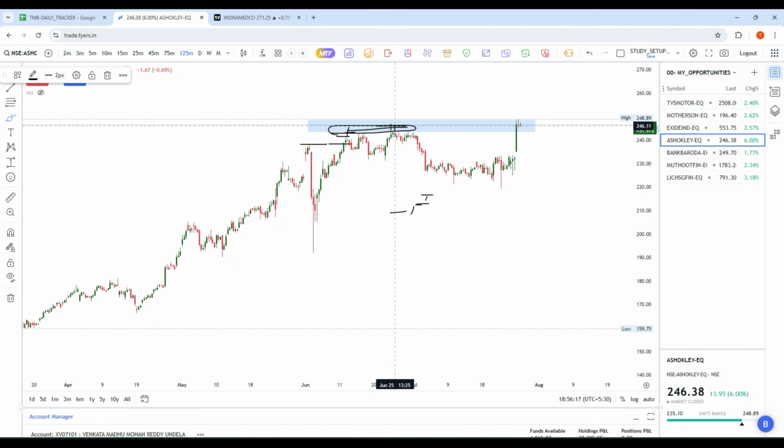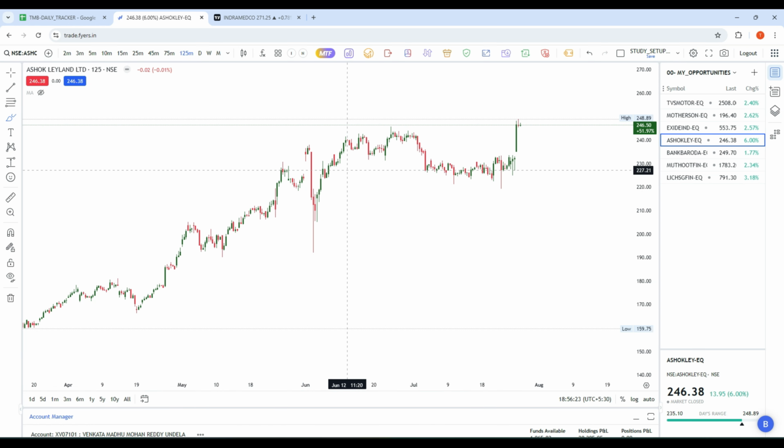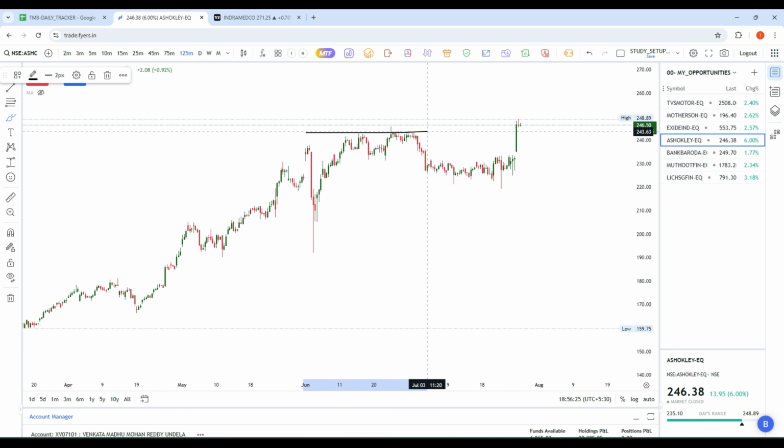This fake breakout happened, then the structure, this is the structure. After that there was a consolidation. This consolidation got a breakout, then again there is one more consolidation.